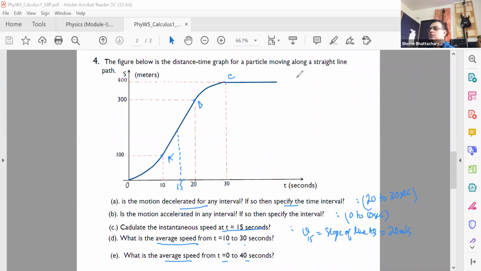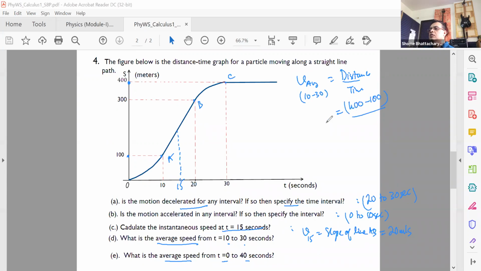So for example, V average from 10 to 30 is equal to distance upon time. You can see that at 10 seconds we are here, whereas at 30 seconds we are here. So the distance between 10 and 30 is equal to this much.